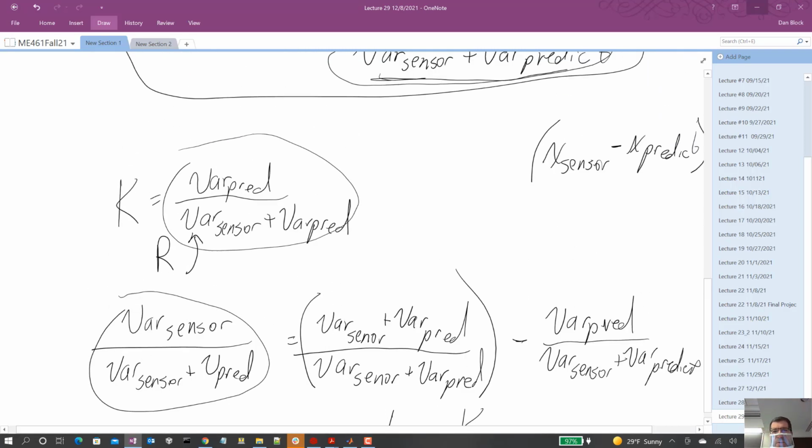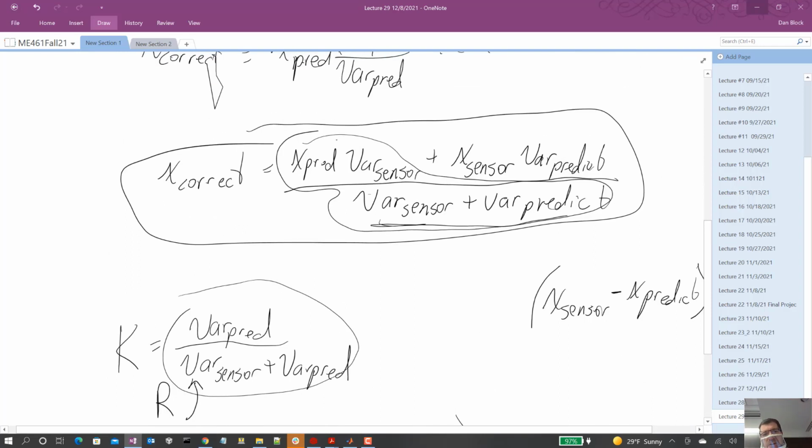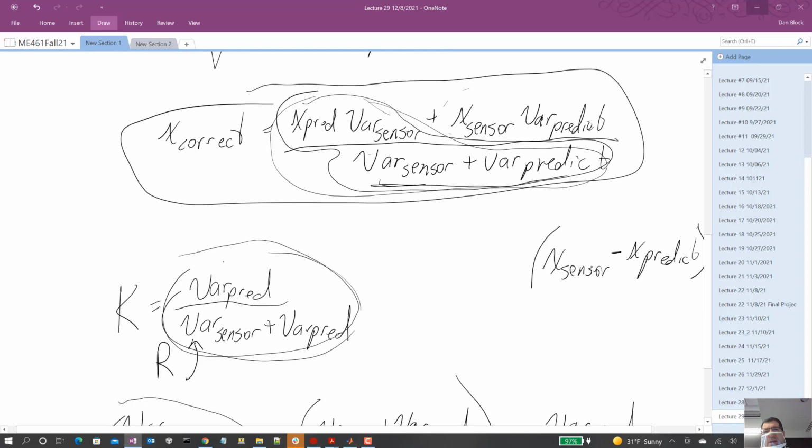Okay, and in doing that, what do we have here? This term by itself, what I've got circled, is x predict times 1 minus K. See that? This right here is x predict times 1 minus K, and then x sensor is already in terms of K, so x sensor times K. Kind of see what I've done?